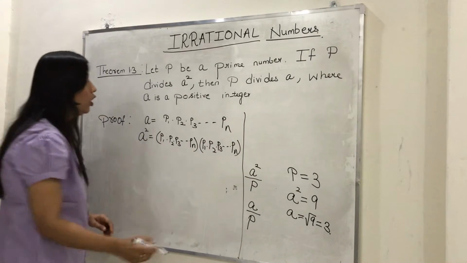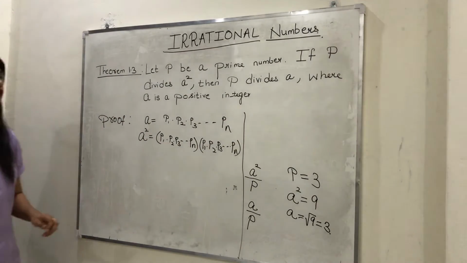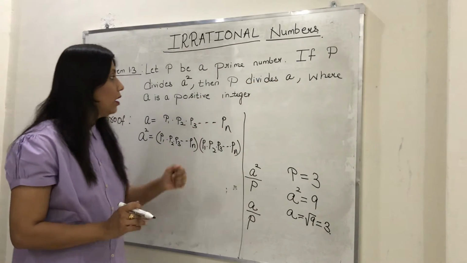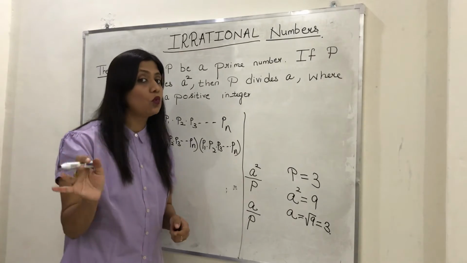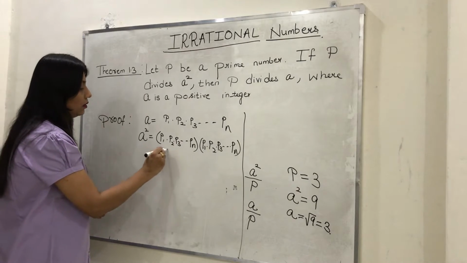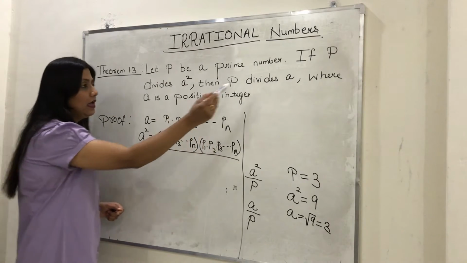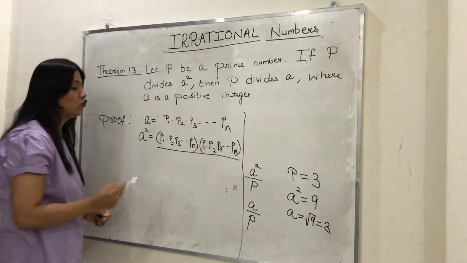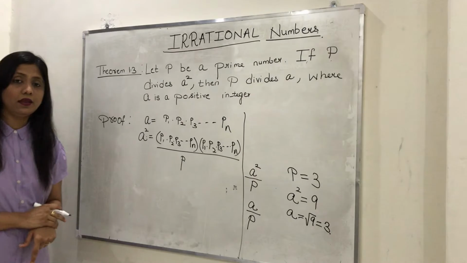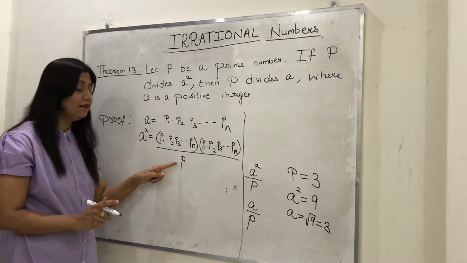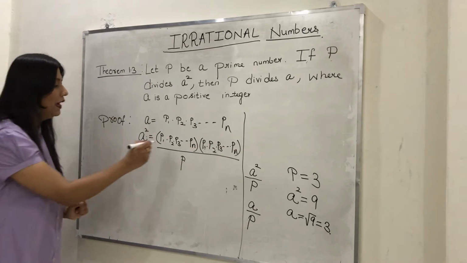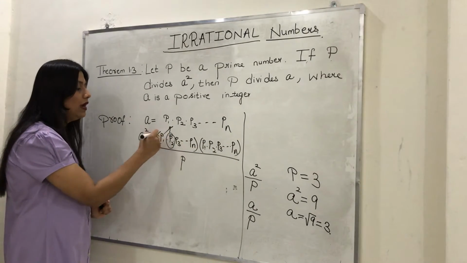Okay. So now what we have to prove is that if p divides a square, so if p is dividing my a square completely, it means one of the prime factors should be p. Suppose p2 is p, then only it will cancel out.